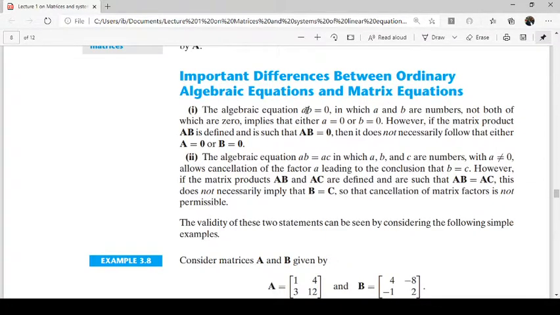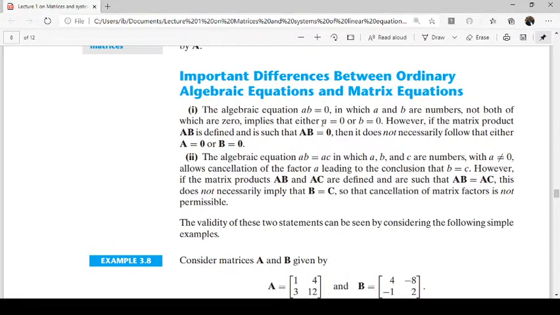In your normal algebraic equation, you have AB equal to 0, in which A and B are elements. We know from our elementary mathematics, and we are going to see it when looking at linear dependence and linear independence, that if AB equals 0, it can either be A is 0 or B is 0.